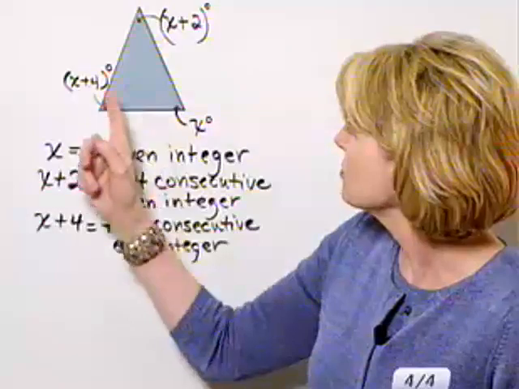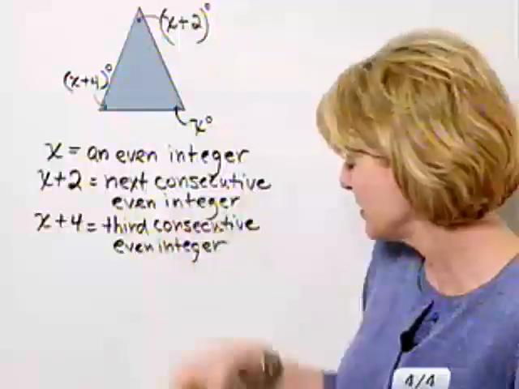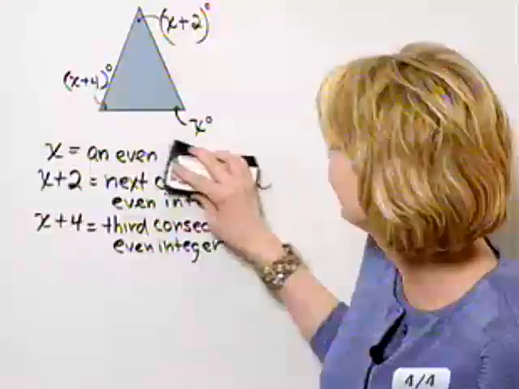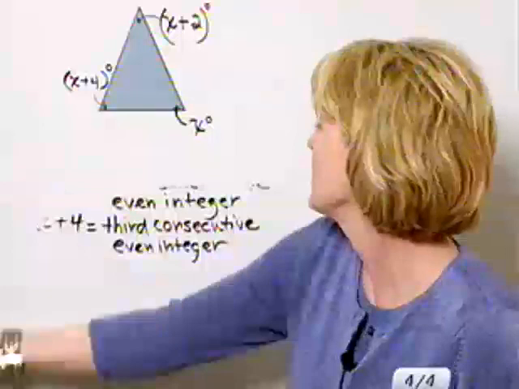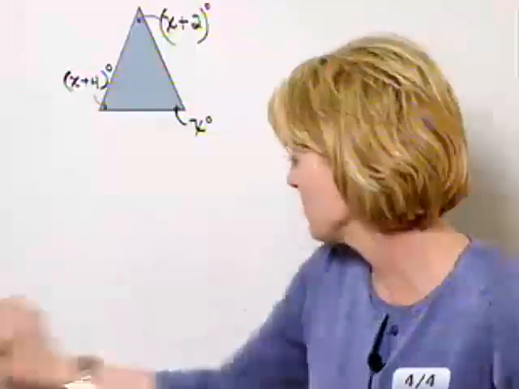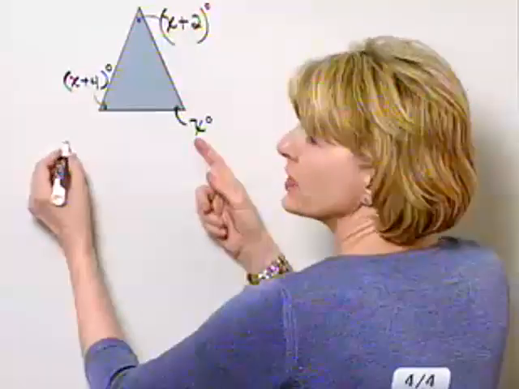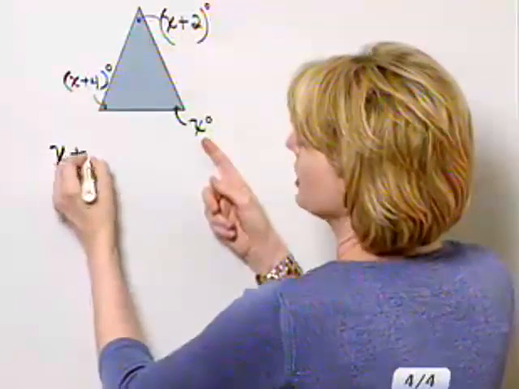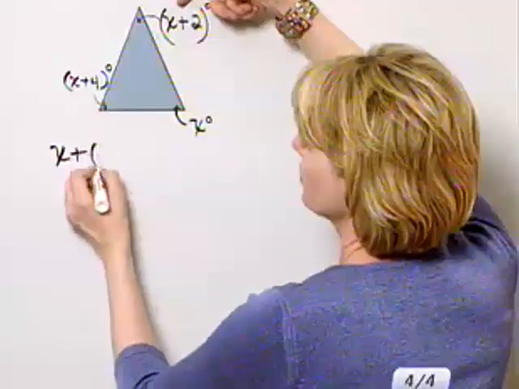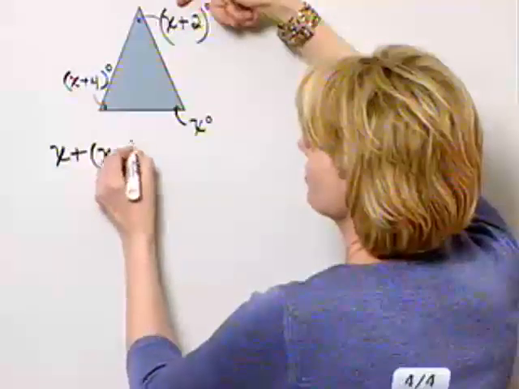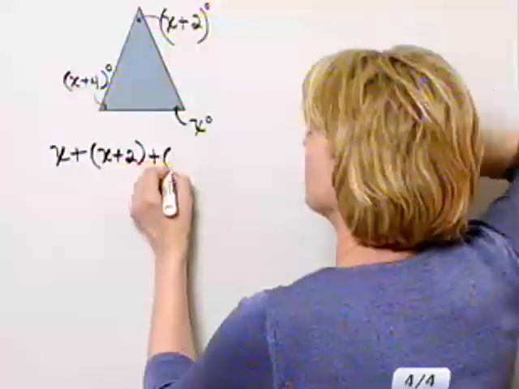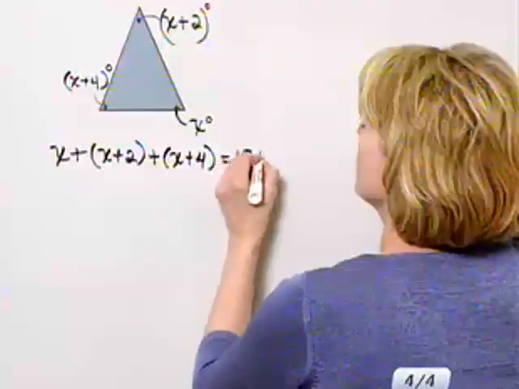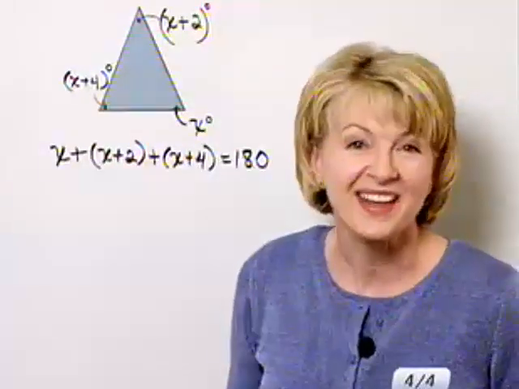This angle measure plus this angle measure plus this angle measure should equal 180. Let me give myself a little more room here. So we're now translating to an equation. This angle measure plus, in no particular order, this angle measure plus this angle measure. That sum should be 180.